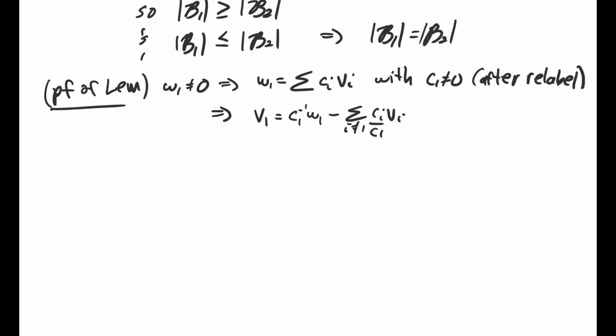That means if I had w1 and the other v's, then I could recover v1. And v1 with all the other v's, of course, spans. So what this really means is that I can essentially throw out v1 and put in w1 and still have a spanning set.